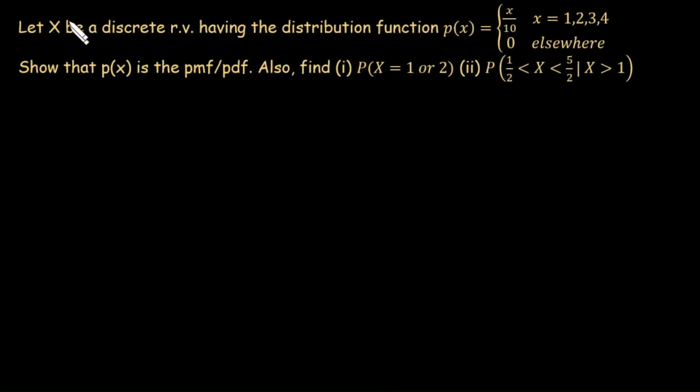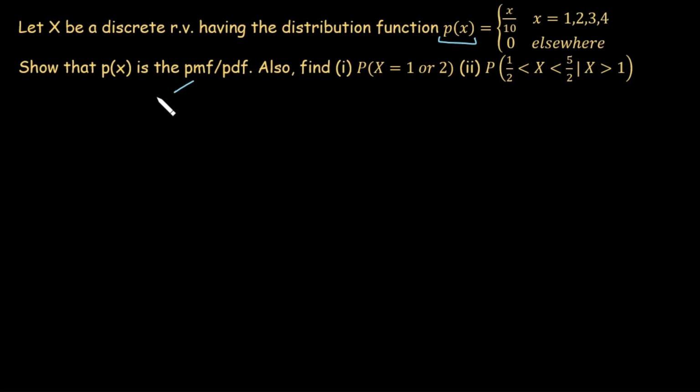Next question is, let x be a discrete random variable having the probability distribution function as this. So this is the probability distribution function as it is represented by p of x. So we need to show that this p of x is the probability mass function or a probability distribution function. Probability mass function has two conditions.